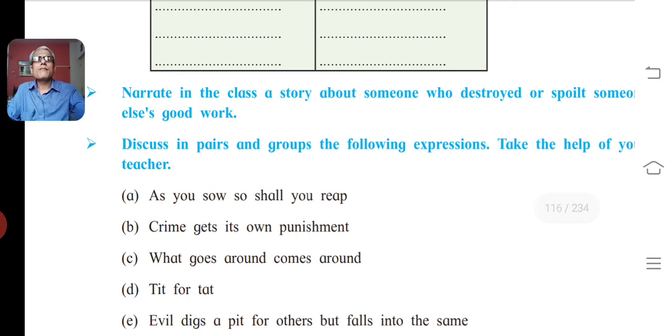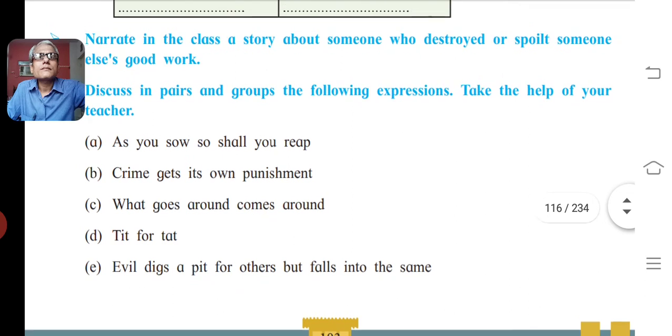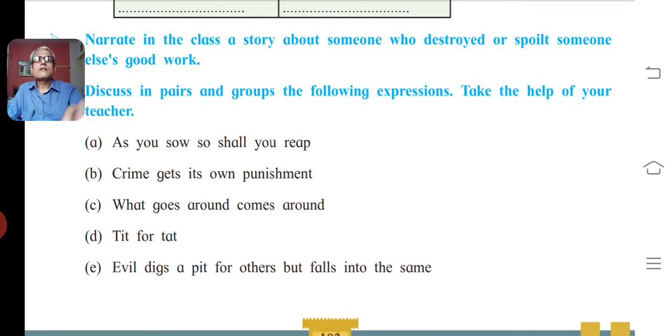Discuss in pairs and groups the following expressions. Take the help of your teacher. Here some expressions are given, and you will have to discuss them with your friends, or you can also take the help of your teacher. Now what are these expressions?